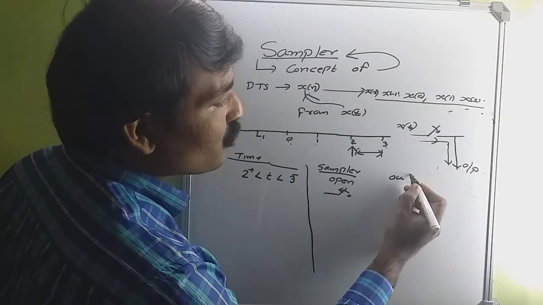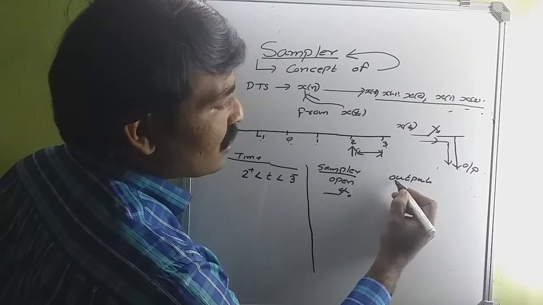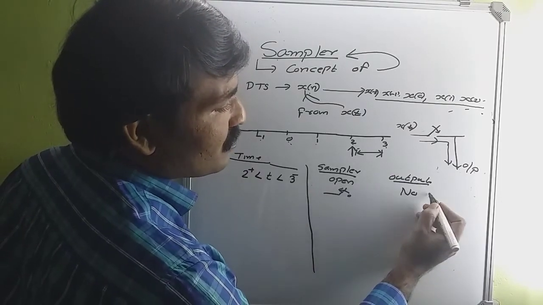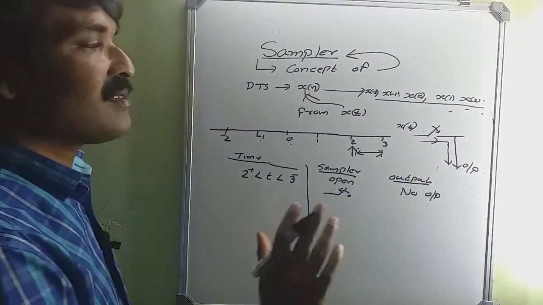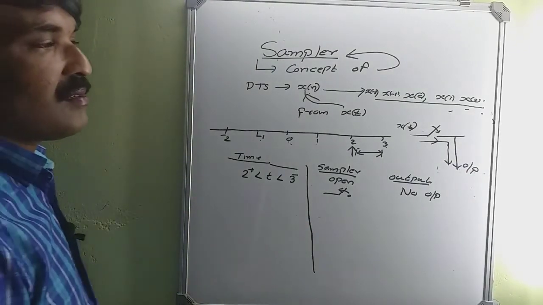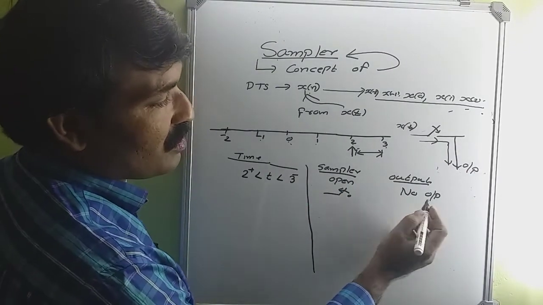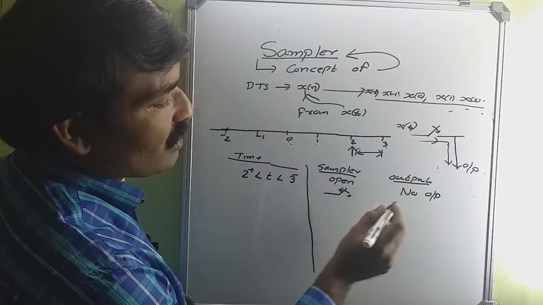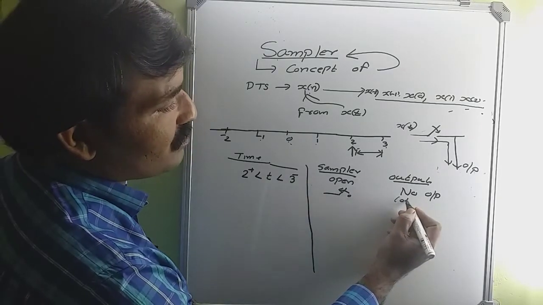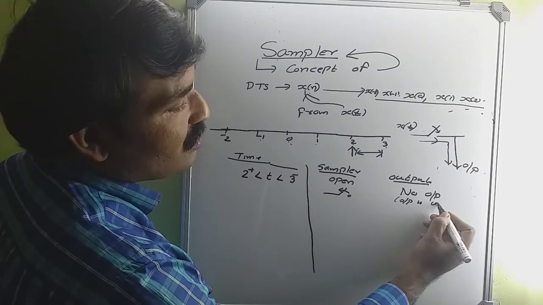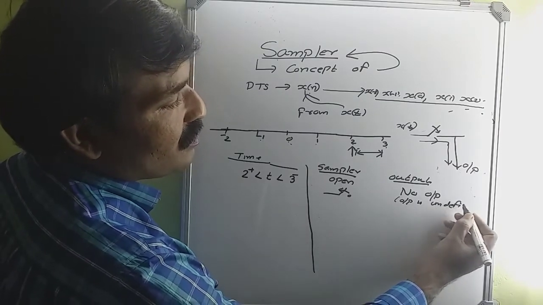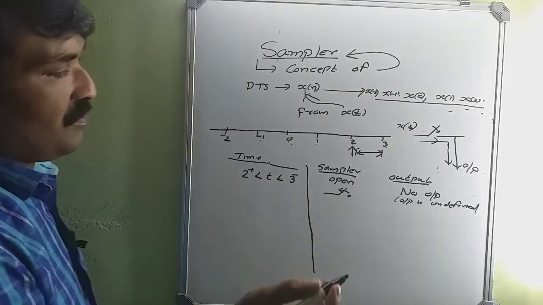Then what about the output? We get no output. We can't say zero output because we don't know about the output. So the output is undefined in this duration of time.